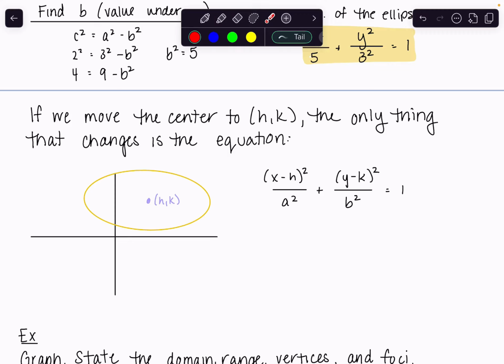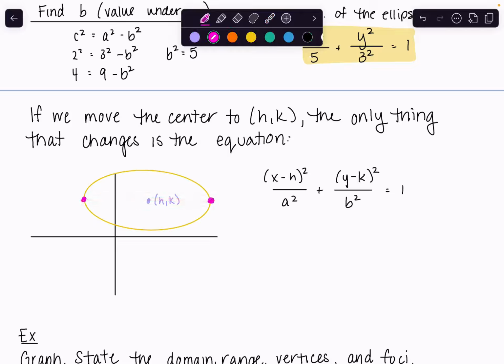But again, to find the foci, to find the vertices, all you do is move that distance from the center. So to find the edge value over here, you would add or subtract that value of a. So in this case, what's under x, because that's our longer axis. But the y coordinate does not change.